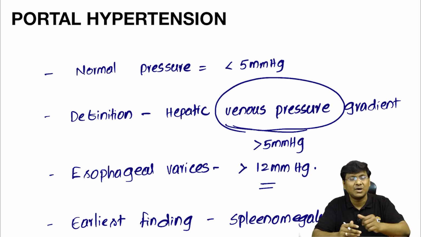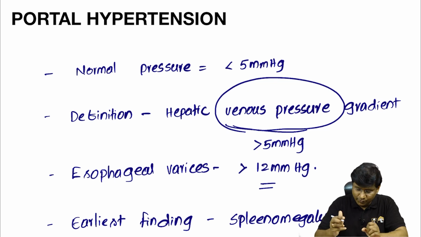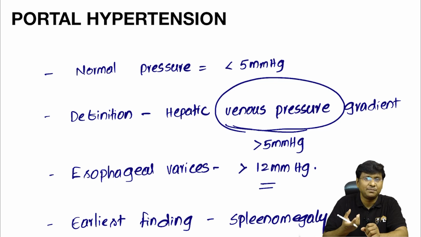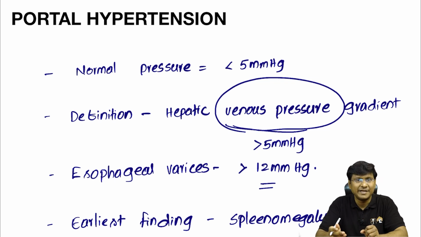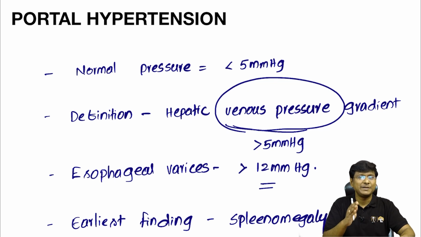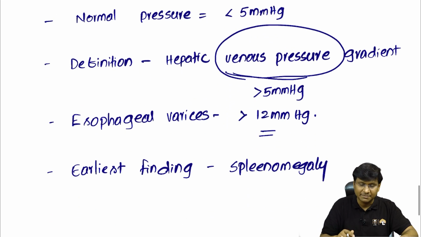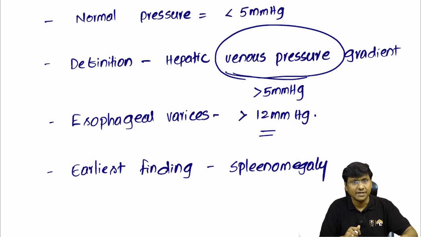Because the portal vein is formed by the union of the splenic vein and superior mesenteric vein. So whenever there is an increase in the pressure within the portal vein, it will be exerted back onto the splenic vein, which will be exerted back onto the spleen, causing splenomegaly, right? When the size of the spleen increases, this will contribute to the development of hypersplenism, okay?